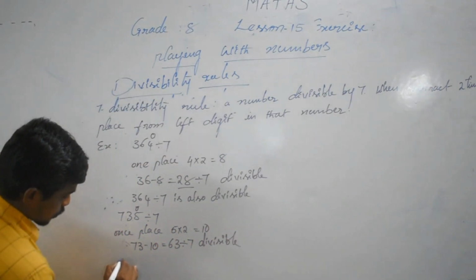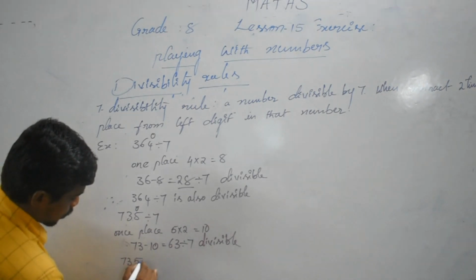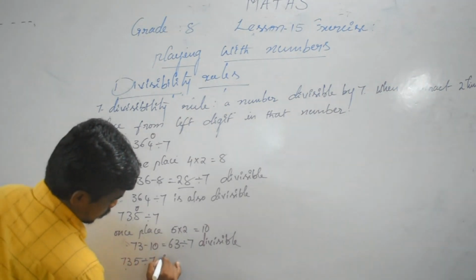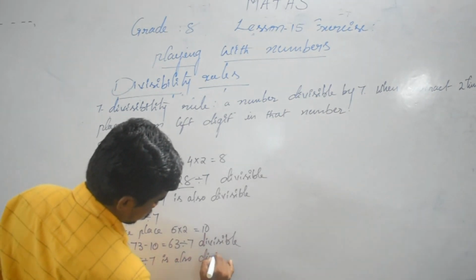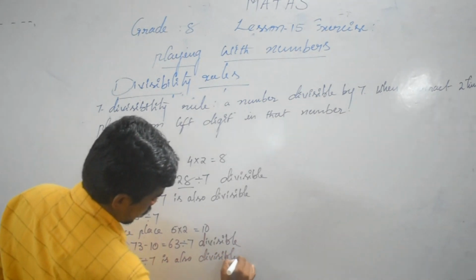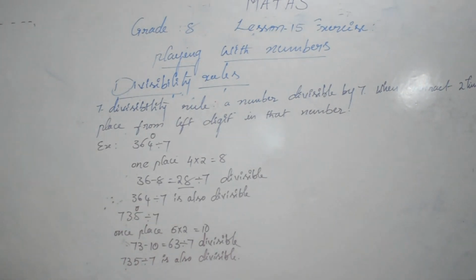Divisible. So 735 divided by 7 is also divisible.